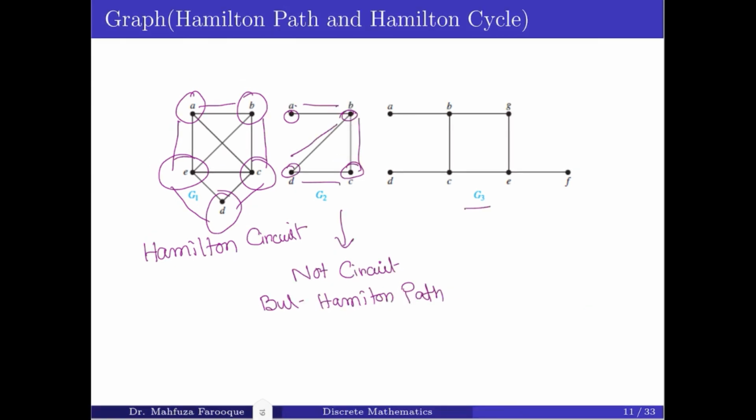Now if we look at G3, let's try to check. We go A to B, B to G, G to E, E to F, but we cannot visit C or D without visiting E again. Therefore we can say that G3 has neither a Hamilton path nor a circuit.